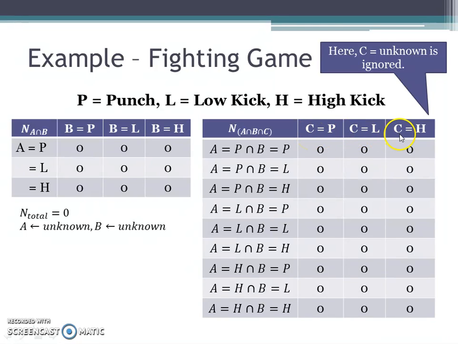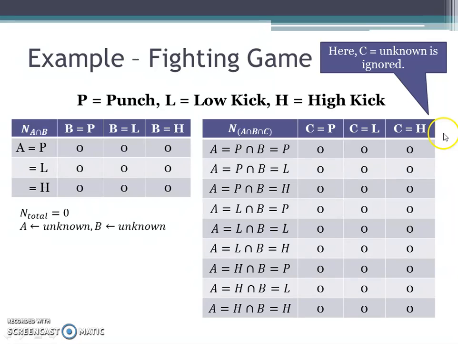Now in actual fact, C can also contain an unknown strike, because it is possible that at the beginning, when we only have 1 or 2 strikes stored from a player, C is unknown, because we don't have any prediction of the next strike the player will make.